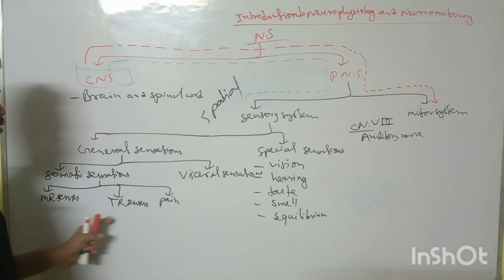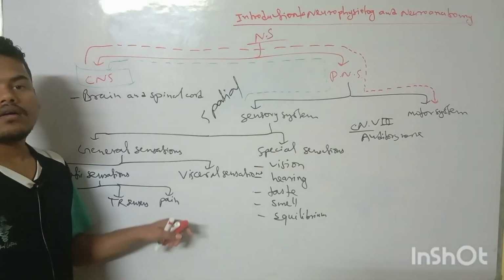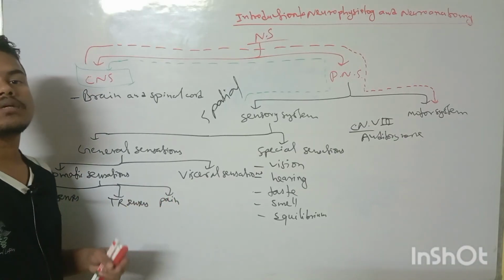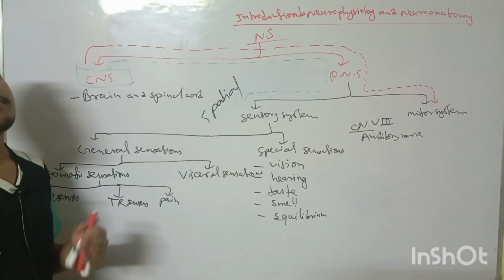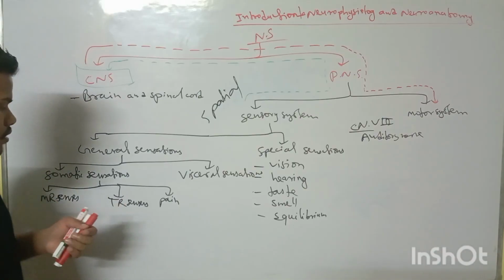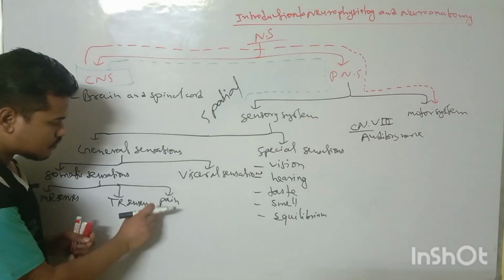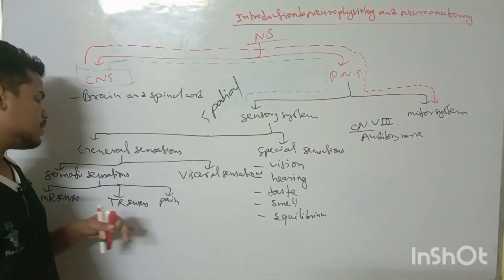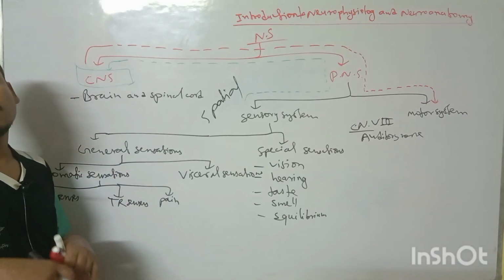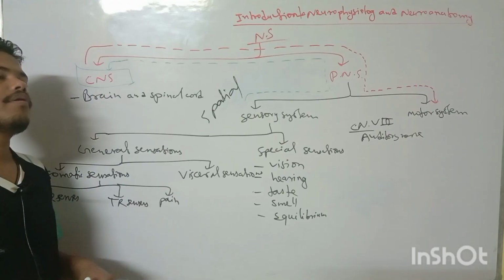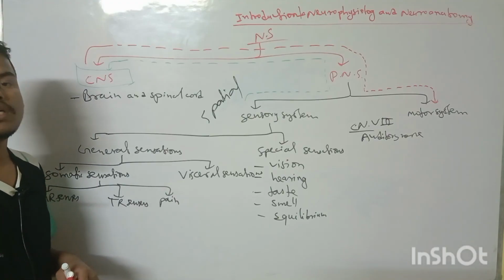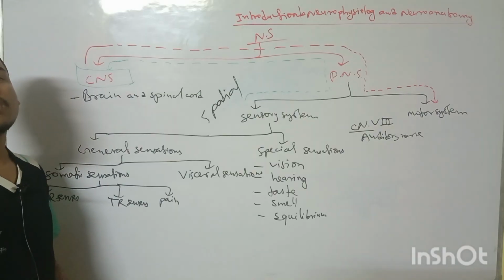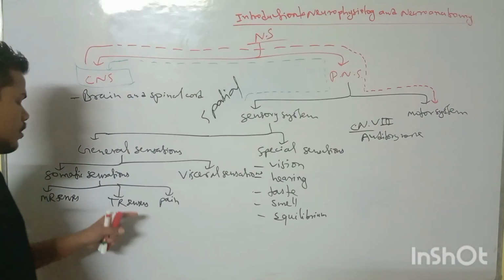So let's talk about the first, pain. Pain from the somatic derivatives is usually sharp, severe in nature, and any factors, any substance that stimulates the pain nerve fibers, pain nerve endings, will lead to the sensation of pain.